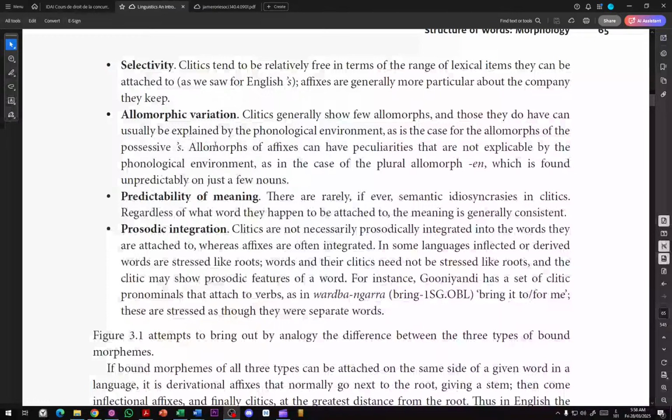Allomorphs of affixes can have peculiarities that are not explicable by the phonological environment, as in the case of the plural allomorph -en, which is found unpredictably on just a few nouns.